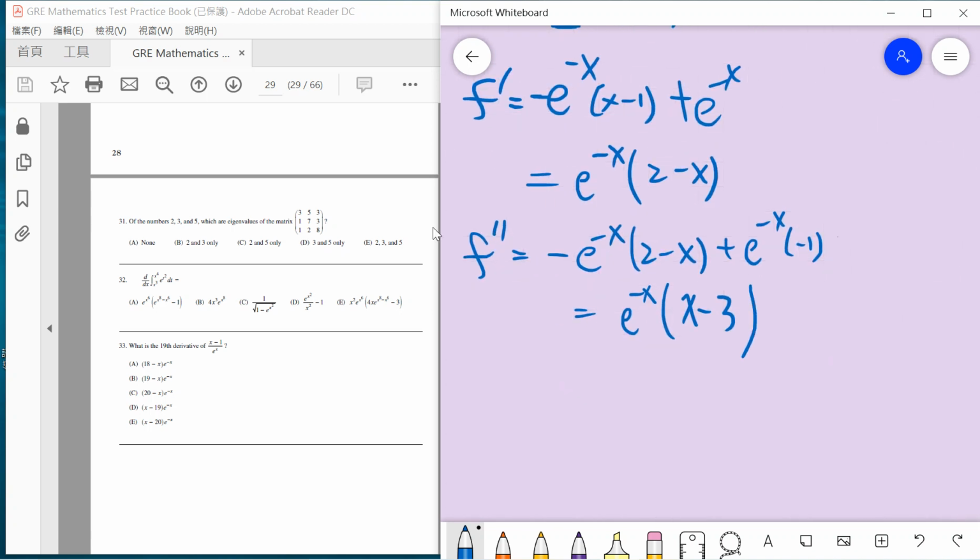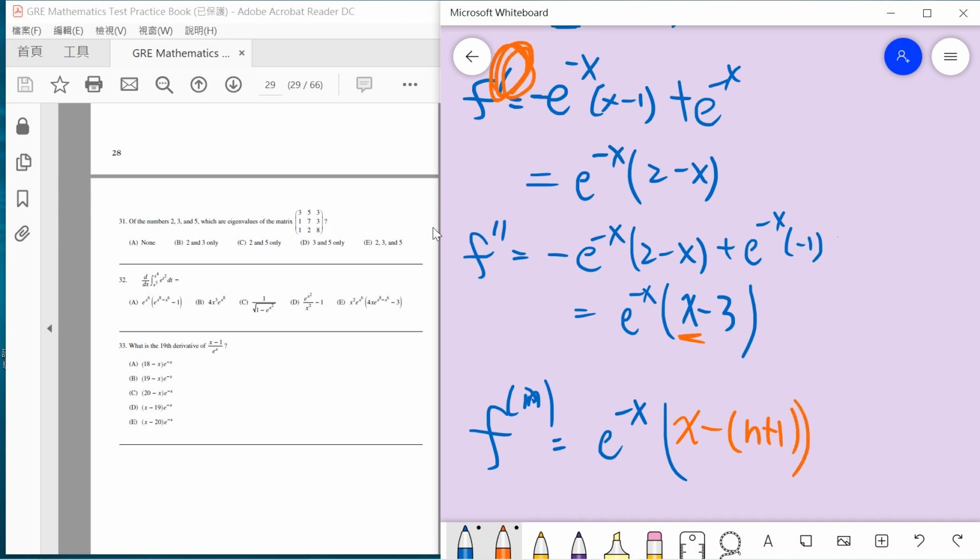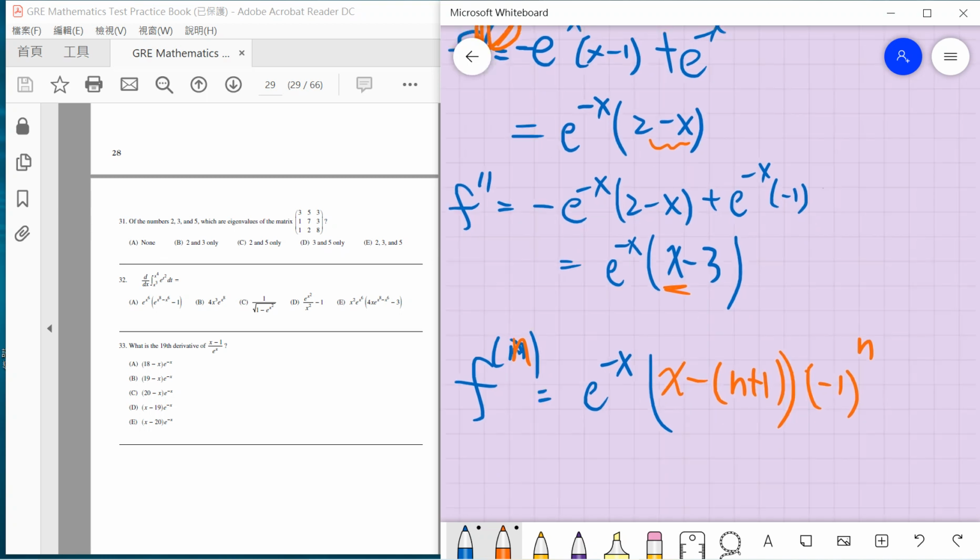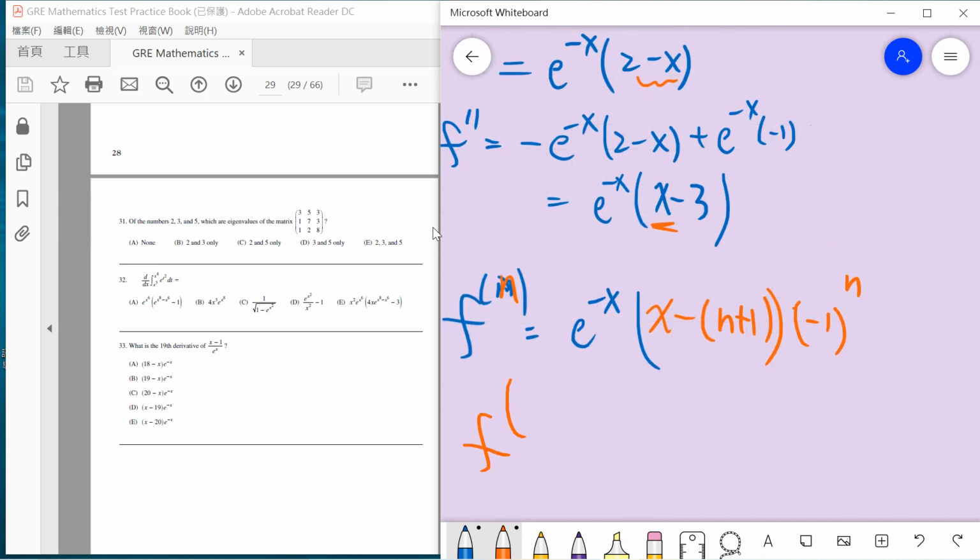From here, you can already guess the answer. F of n should be exponential minus x, and x minus n plus 1. But the first derivative gives you an additional negative sign, so it should be minus 1 to the n. So you can find the 19th, just exponential negative x times x minus 20, and the minus. So we choose C.